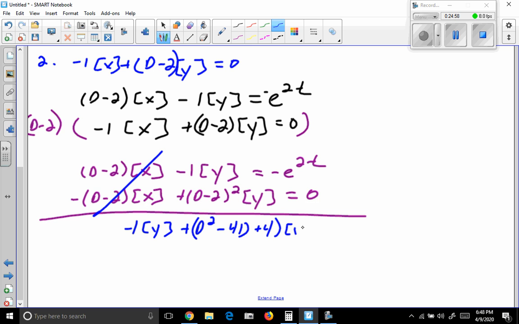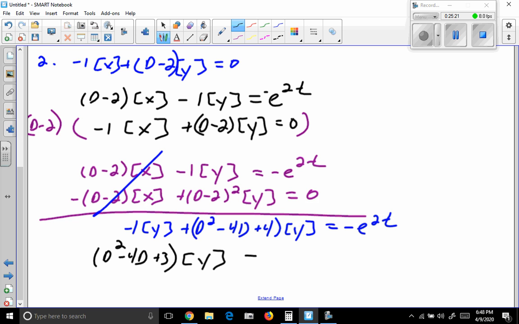So that's also being done to y. If we add the right sides together, we have minus e to the 2t. So if we combine our operations on y, we have d squared, minus 4d, and 4 minus 1, so that's plus 3, and on the other side, minus e to the 2t.